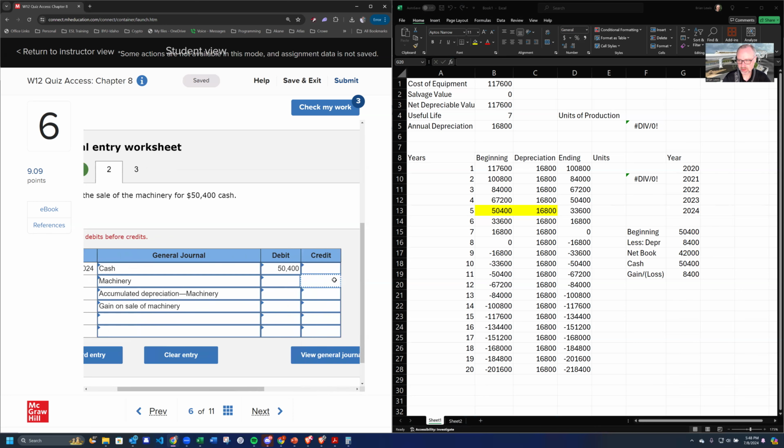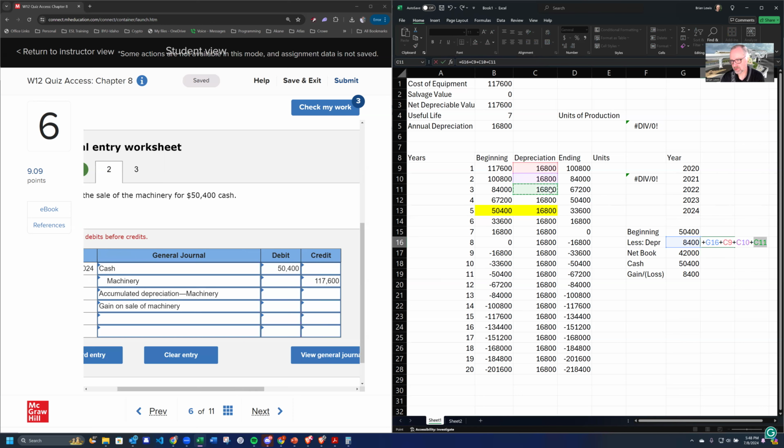So on machinery, we're going to do the 117,600. We're going to do the accumulated depreciation, which is going to be this number plus this plus 4 years of depreciation.